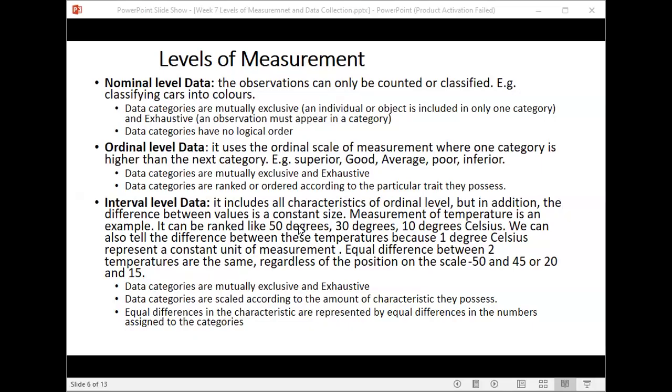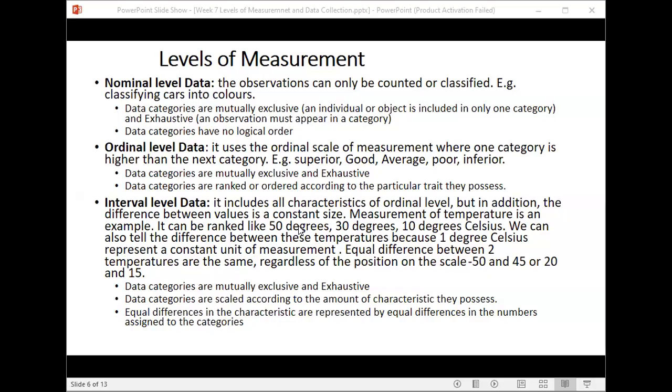Now, what makes it different and makes it a higher level of data is the reason why we can tell the difference between 50 degrees and 30 degrees, as one being hotter than the other: every degree represents a constant measurement.